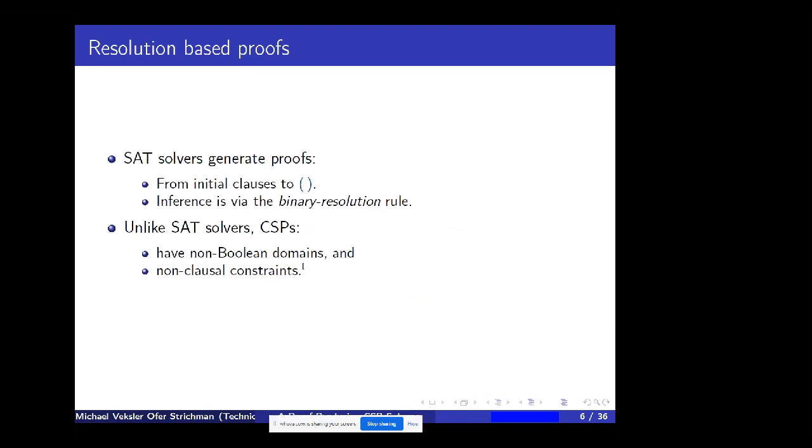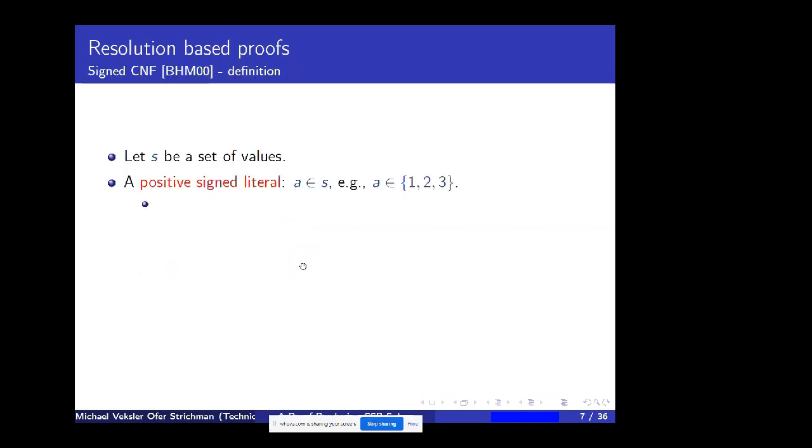So we cannot just apply the binary resolution rule, obviously. So the question is whether this gap can be bridged. This talk is basically how PCS creates this bridge, or overcomes this gap.